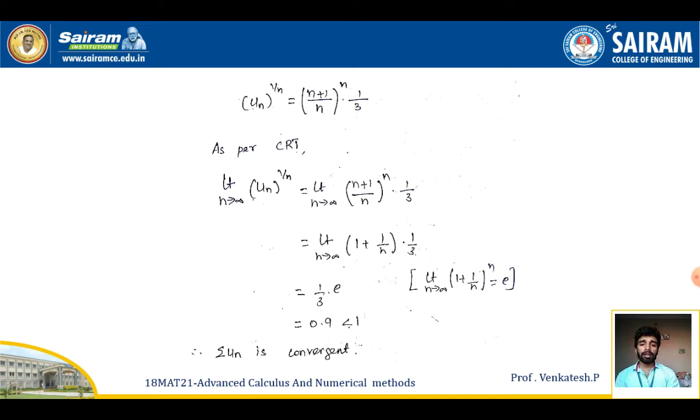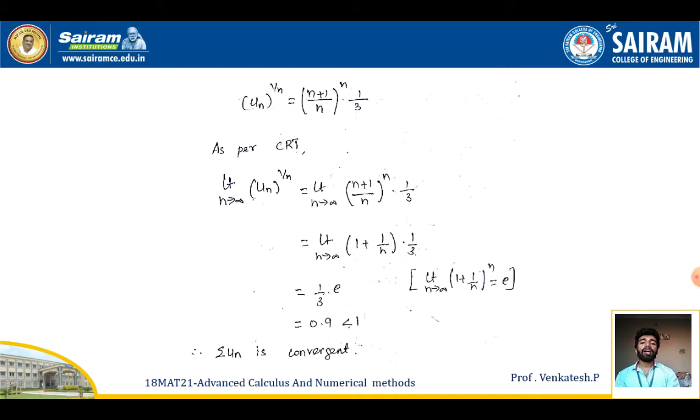Now I can apply the Cauchy's root test to the above equation. Applying the Cauchy's root test means applying the limit n tends to infinity on both sides of the obtained equation. So I will get limit n tends to infinity u_n^(1/n) = limit n tends to infinity ((n+1)/n)^n × 1/3.